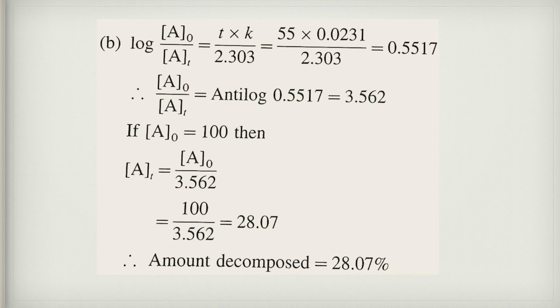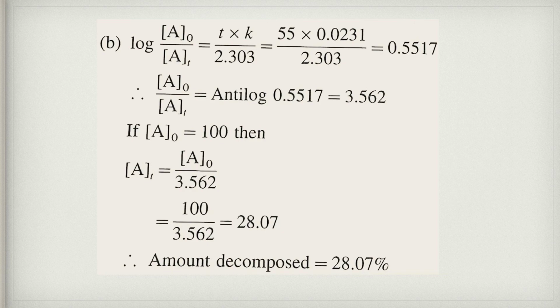Okay, so after substituting the value, that is T as 55 into K as 0.0231 upon 2.303, I'll get the value as 0.5517.